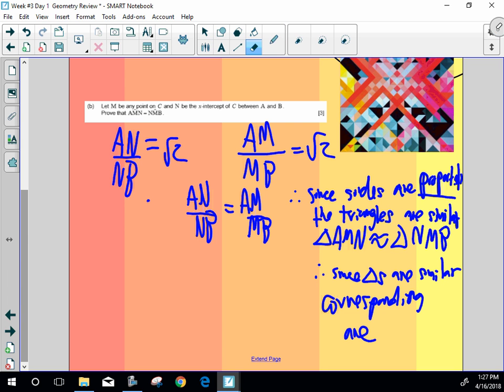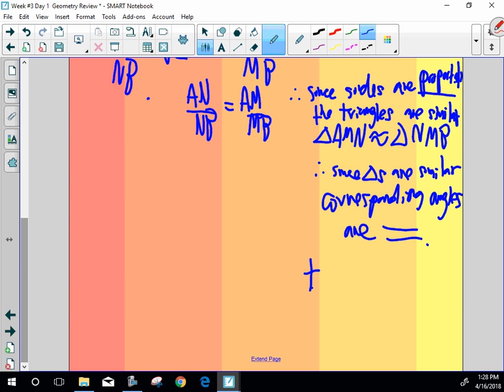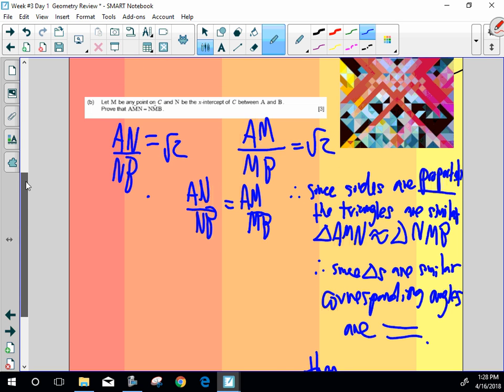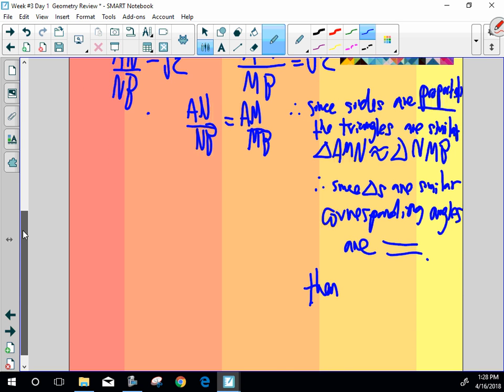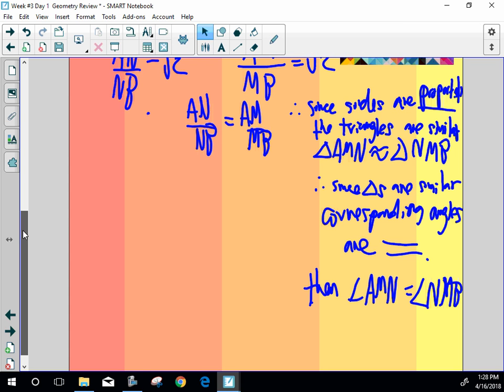Equal. Yep. Then what are the two angles we're looking at? Angle AMN equals angle NMB. Love that one.